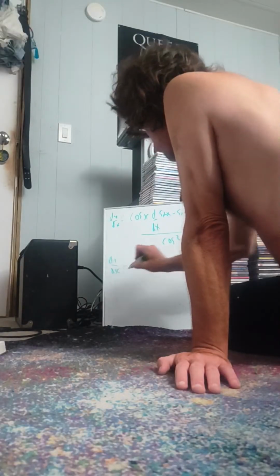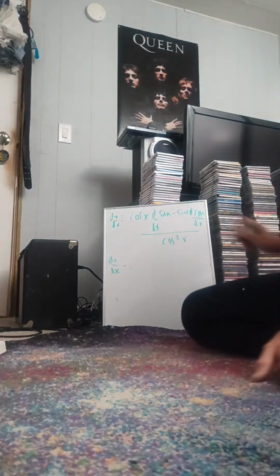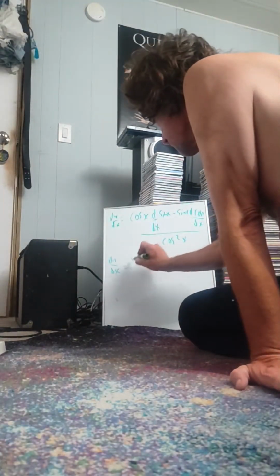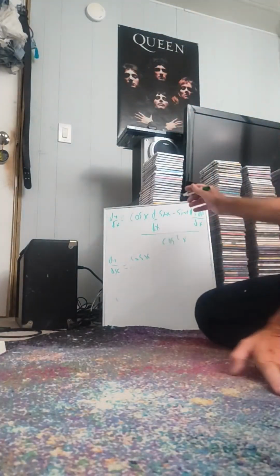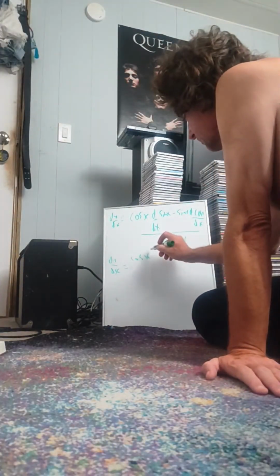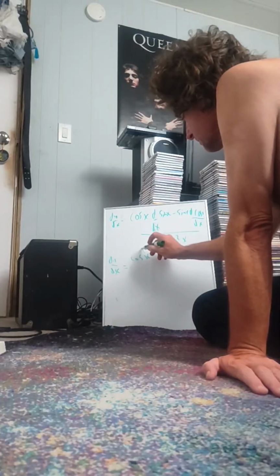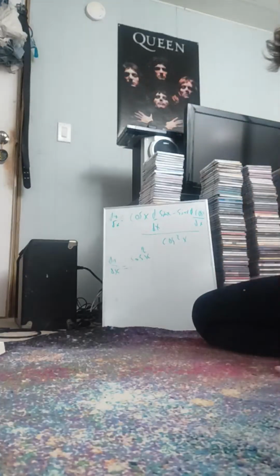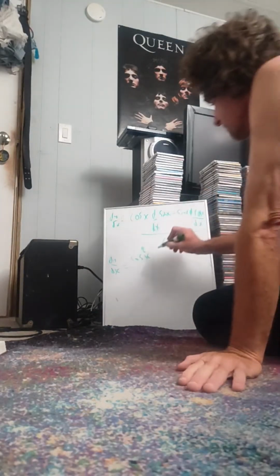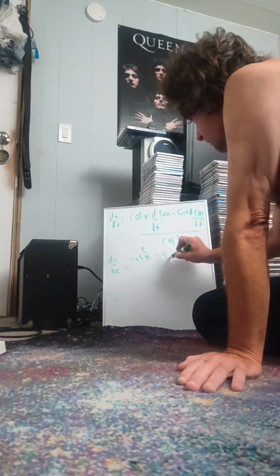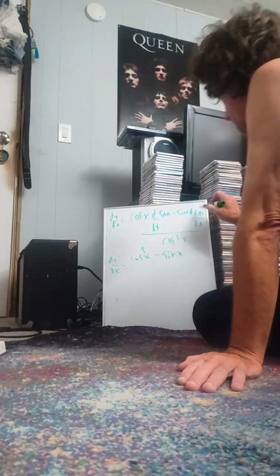That means dy/dx equals what? Well, you have cosine x times the derivative of the sine of x, but the derivative of the sine of x is cosine x. So that's just another cosine x, so you get cosine squared x. And then minus this thing, sine x times the derivative of the cosine x.